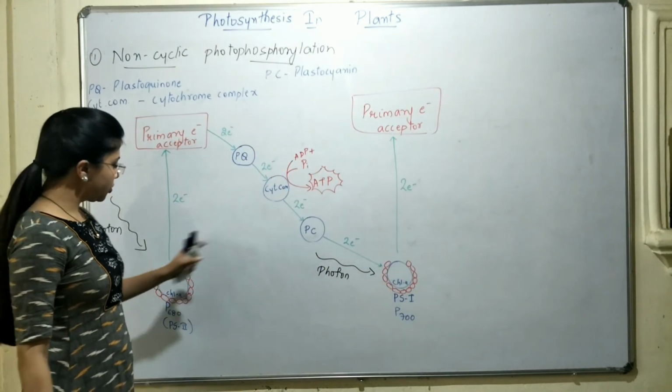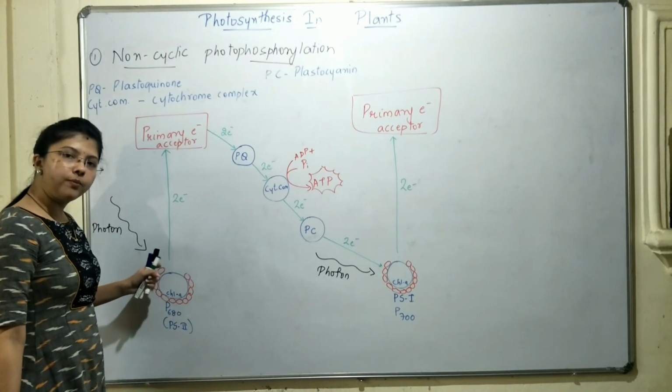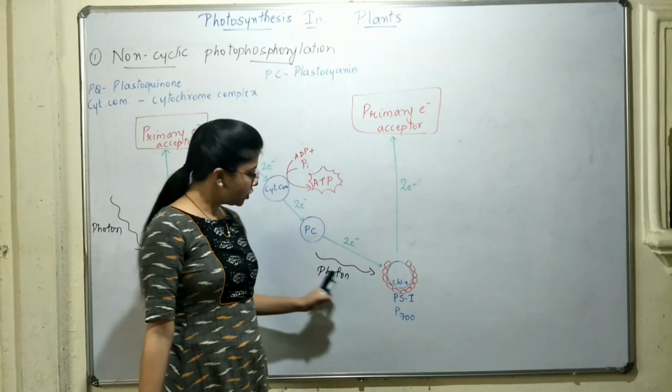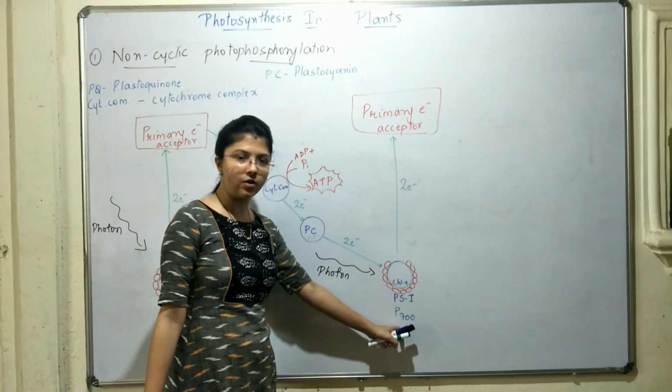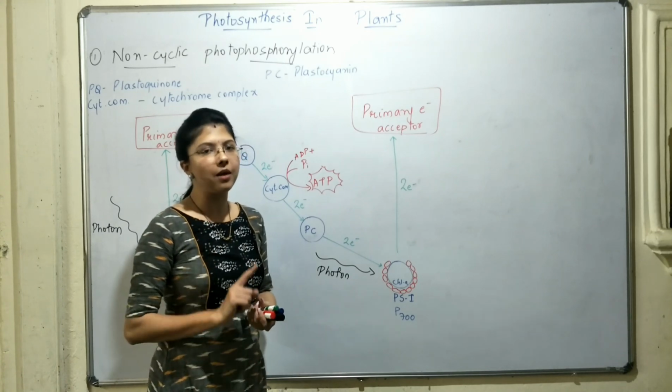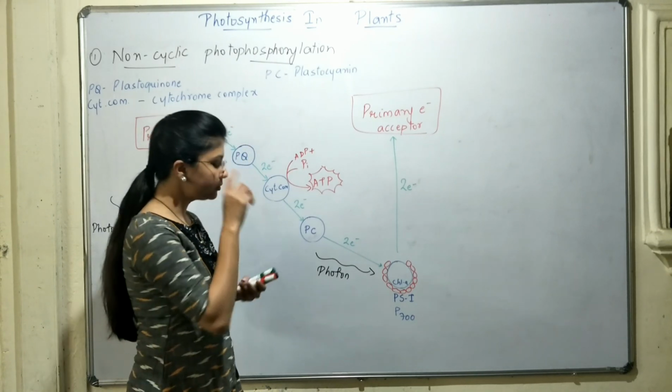So the two electrons which got excited from photosystem 2 are now transferred to photosystem 1, which absorbs the light of 700 nanometer, and these two electrons are again transferred to its primary electron acceptor.